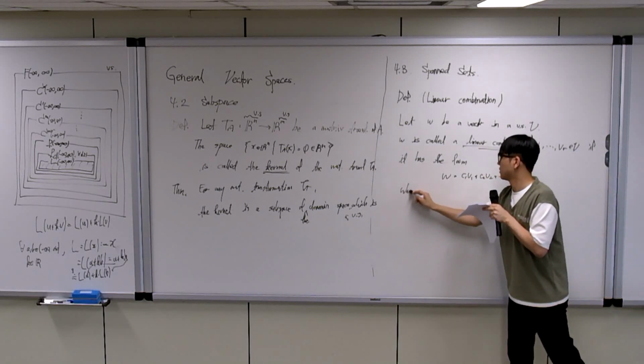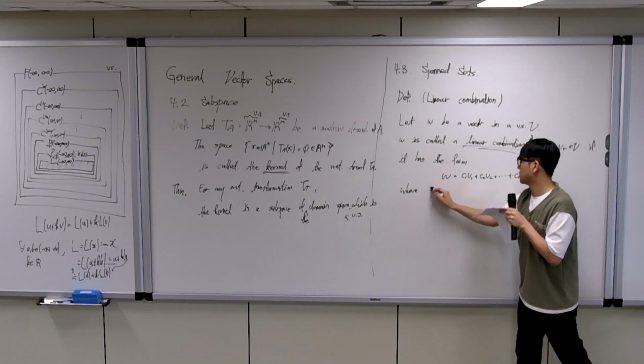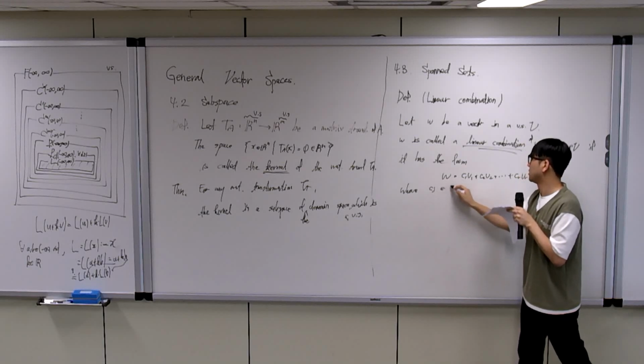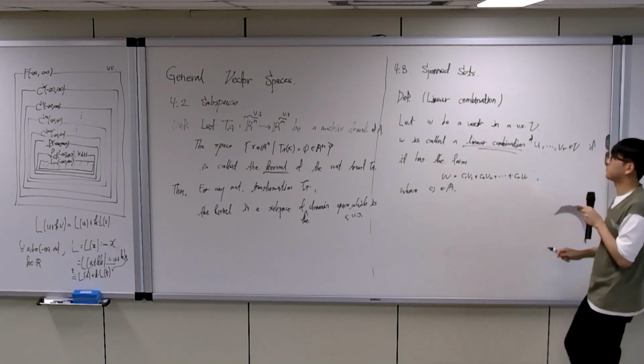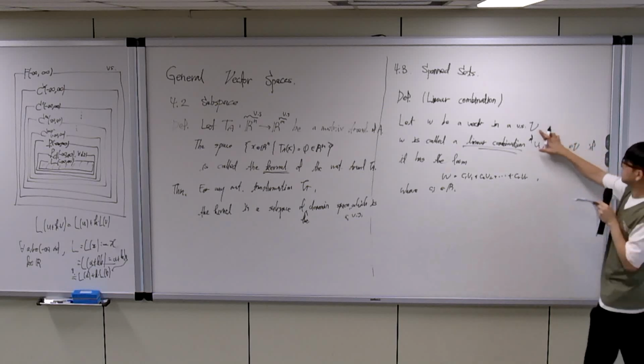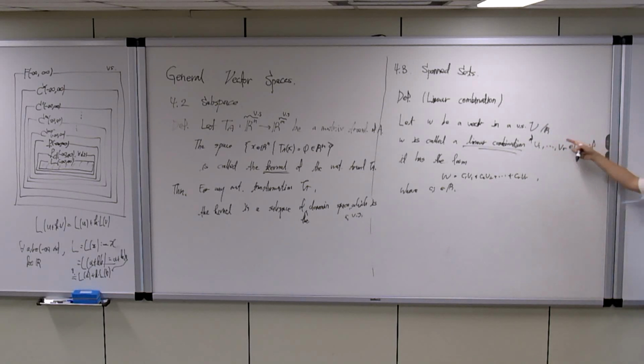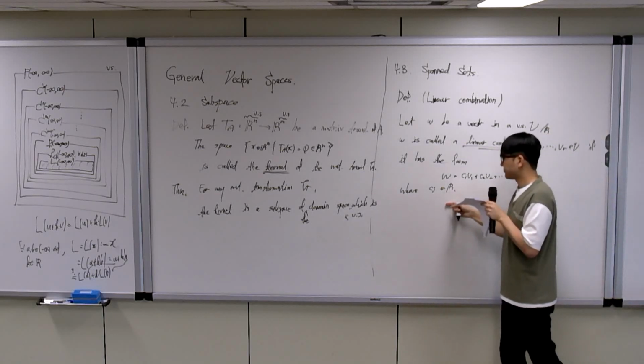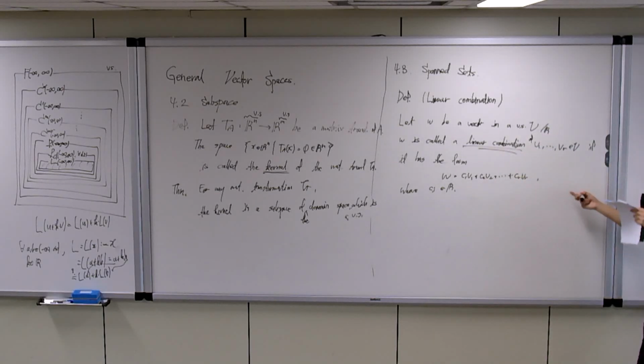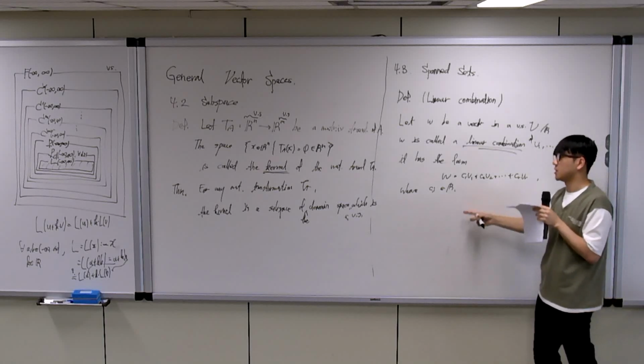Here the Ci's are in the base field, and I will denote the base field with a slash. If w has this form, then it is called a linear combination.